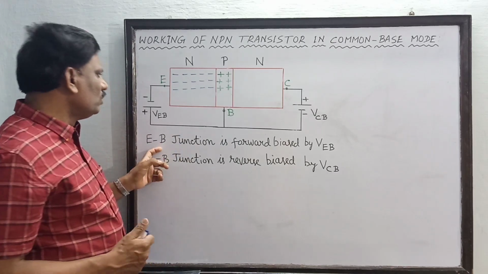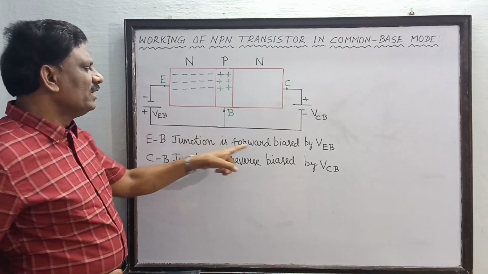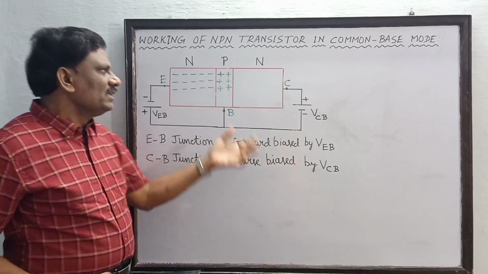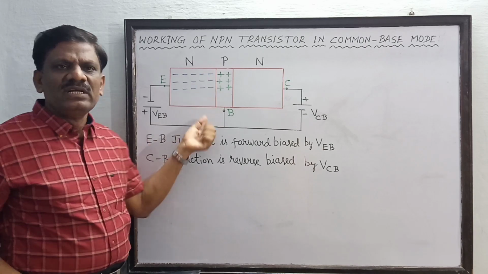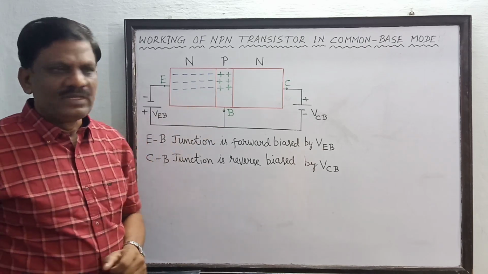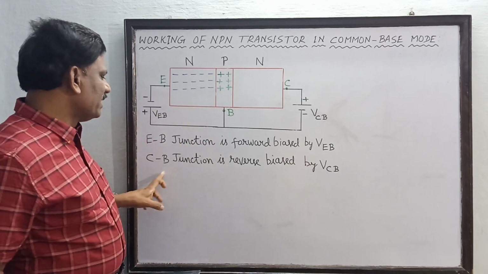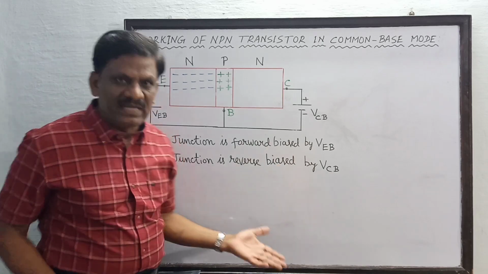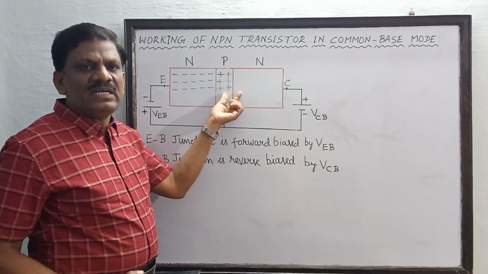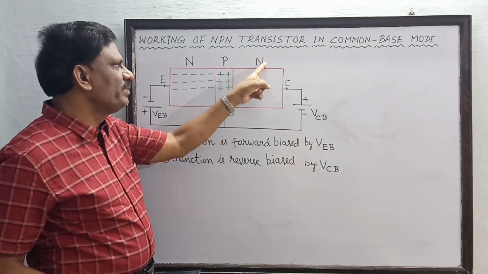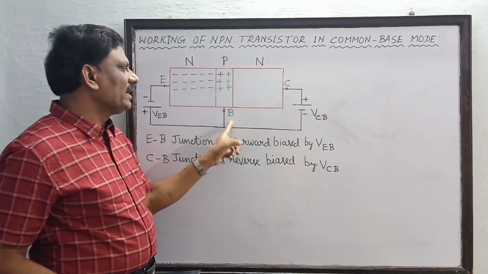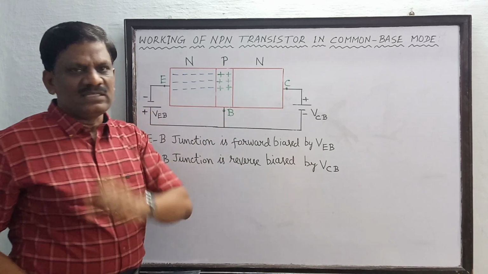Since the emitter base junction is forward biased, the depletion region of this PN junction decreases in width. Similarly, since the collector base junction is reverse biased, the depletion width, or the internal potential barrier width of this PN junction between the collector and the base, will be increased.